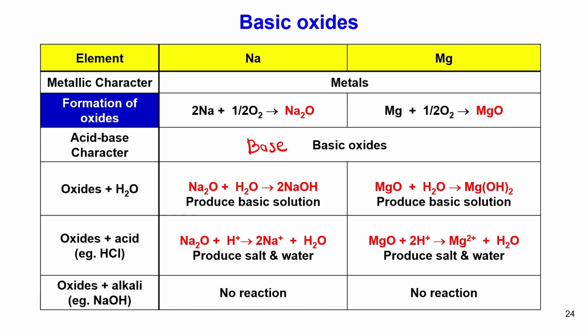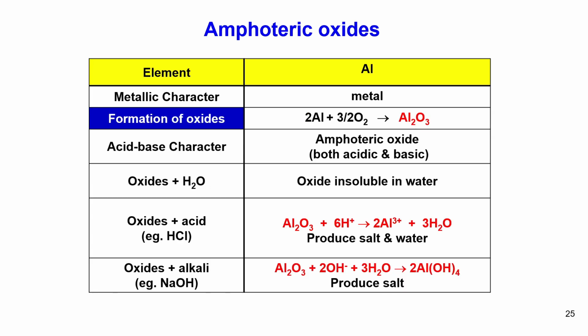Next one kita tengok dari aluminium. Aluminium merupakan amphoteric. Karakter dia adalah metal. Formation of oxide dia akan menghasilkan Al2O3, and acid base karakter dia adalah amphoteric oxide.